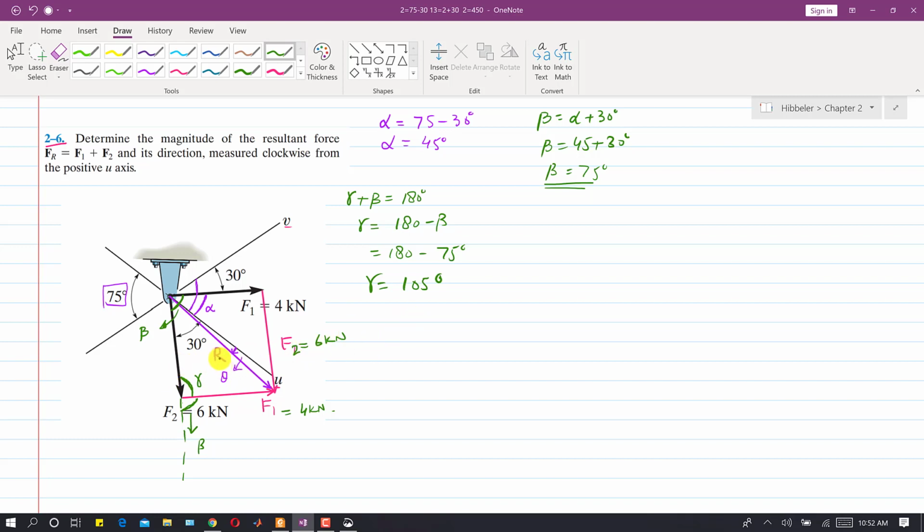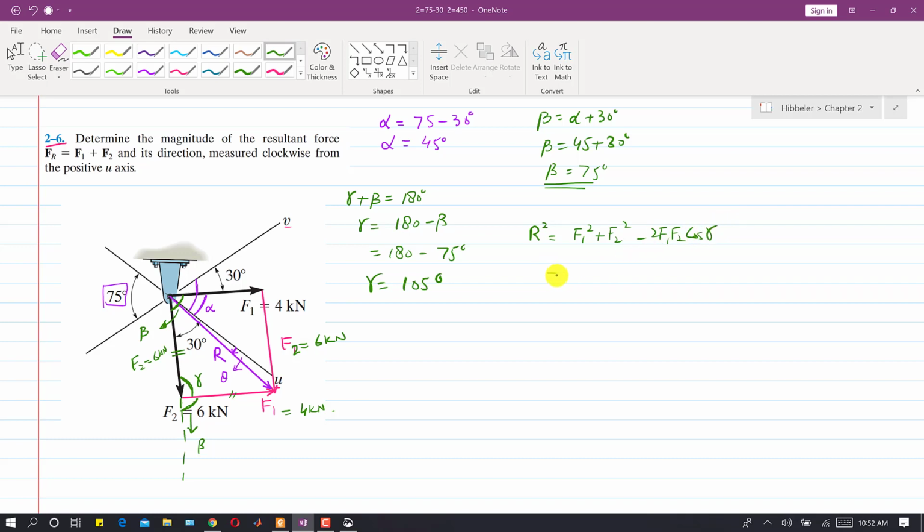So now we can apply the cosine law. We know this F2 magnitude, which is 6 kilonewton. We know this magnitude, which is 4 kilonewton, and we know the included angle between these two. So to find the magnitude of this resultant, we can apply the cosine law. I can write that R square will be equal to F1 square plus F2 square minus 2 F1 F2 cos of gamma, right?